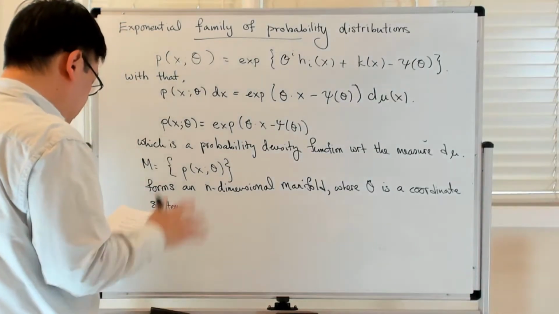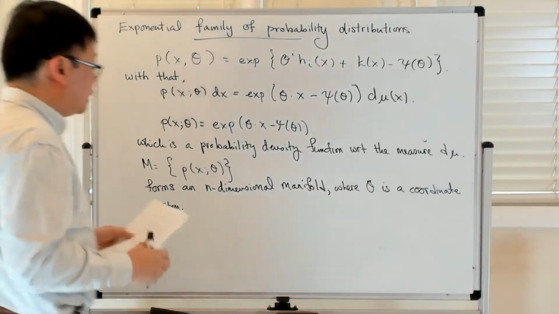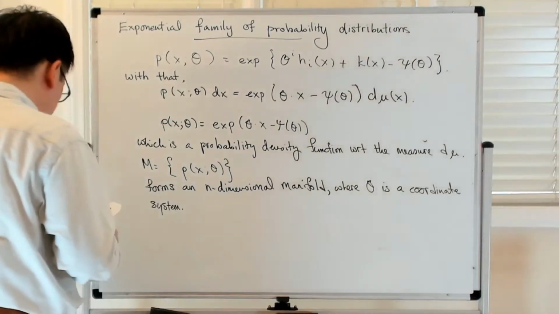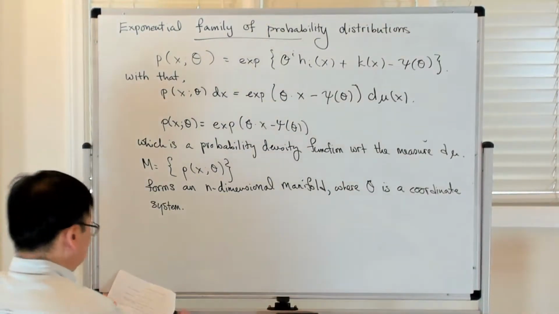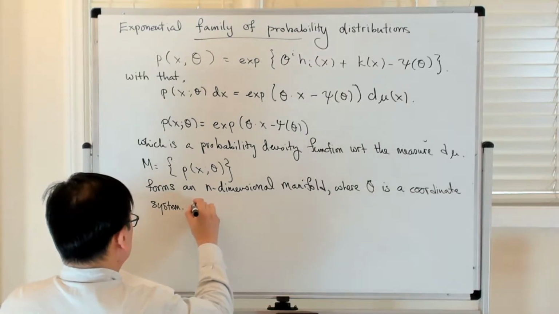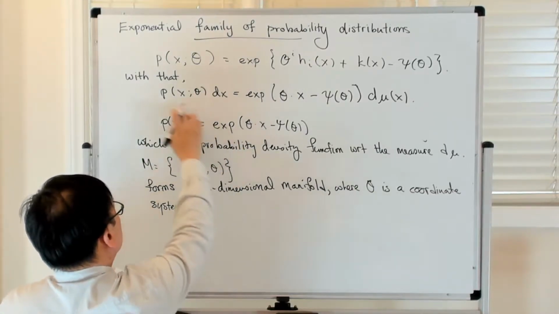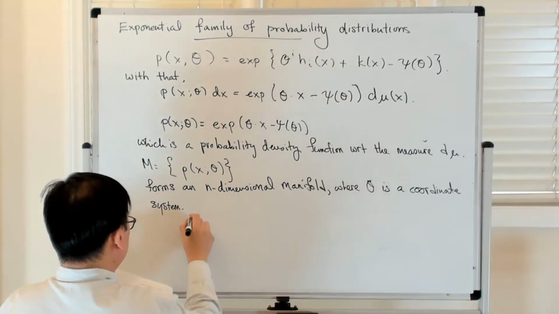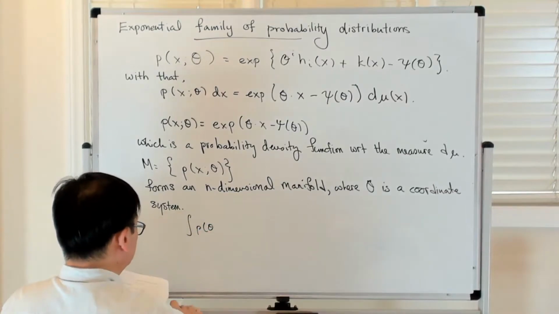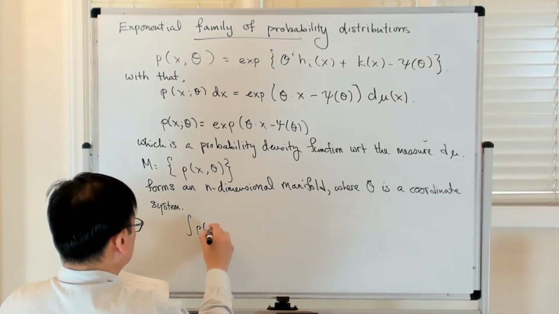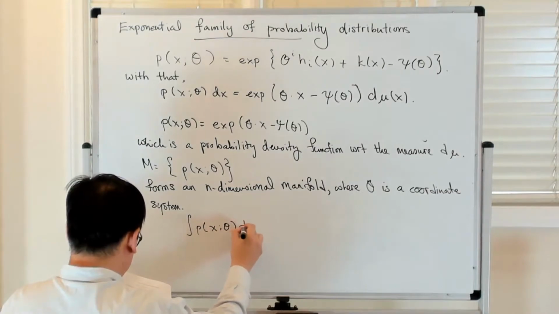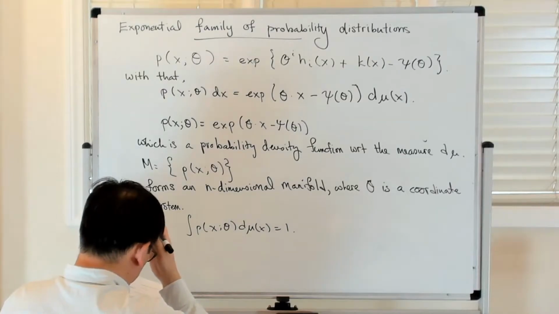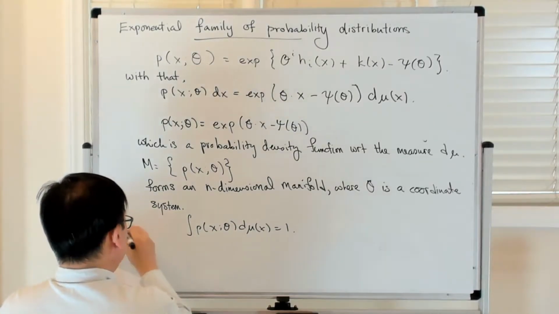Okay. And then, if we recall, we want to choose the psi so that it's a normalization. So this is a probability distribution, right? So we want the integral of p(x, theta) d mu(x) to be 1. So this is the normalization condition.